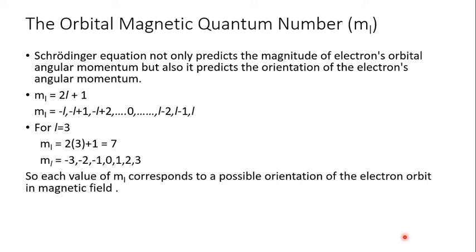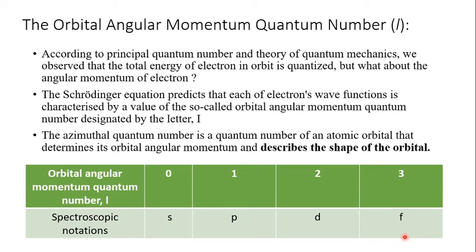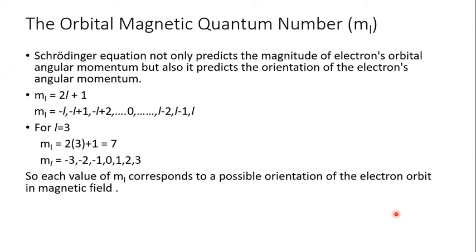So for better understanding, we will take an example. For L is equal to 3, that is for the f orbital, the ml value, that is 2 into 3 plus 1, is equal to 7.